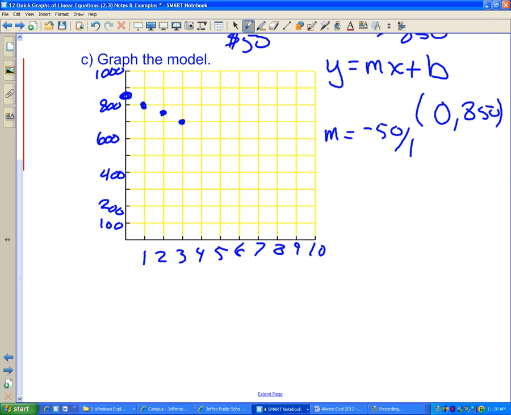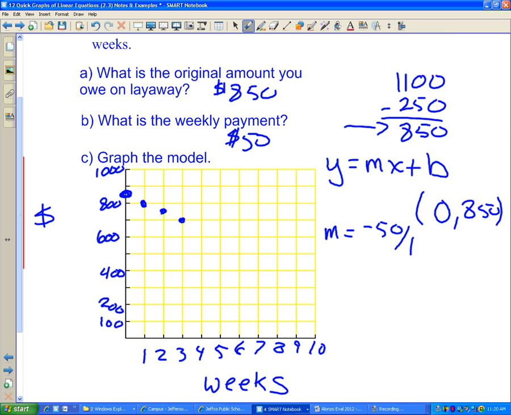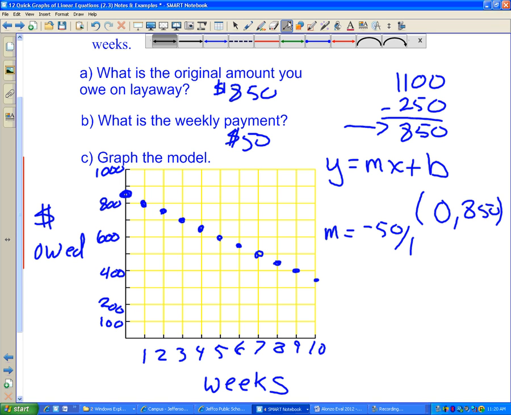I didn't label anything. Shame, shame. These are my weeks. This over here is money owed. Okay? So I pay off $50 per week, $50 per week, $50 per week, all the way down, and there is my line.